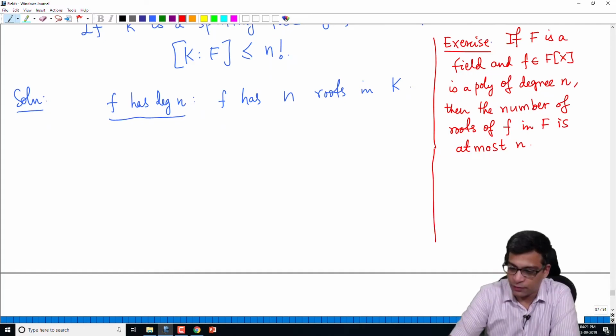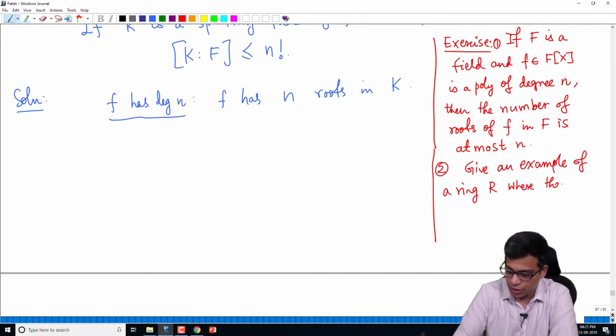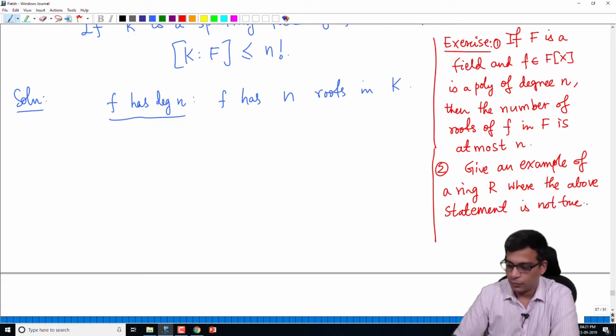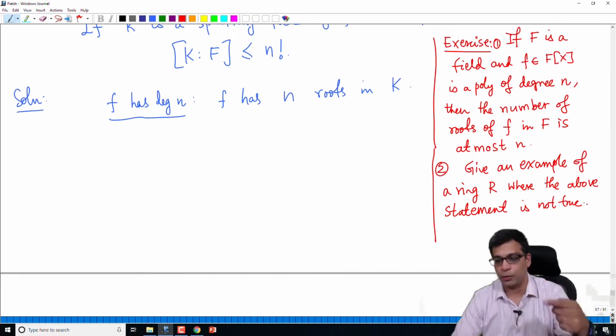So this is the first part of the exercise. Give an example of a ring which necessarily will have to be not a field, where the above statement is not true. Okay. So what I am asking you to do is give an example of a ring R and a polynomial of degree n over R which has more than n roots.